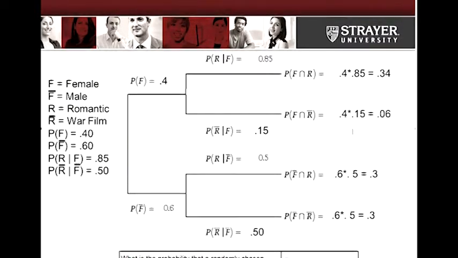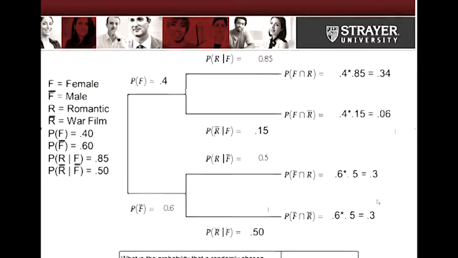So what is the probability that a randomly chosen moviegoer attended the war film? Well, where are the people that went to the war film? Here is war, the R bar is war, and R bar is war. So 0.06 plus 0.3 is 0.36.